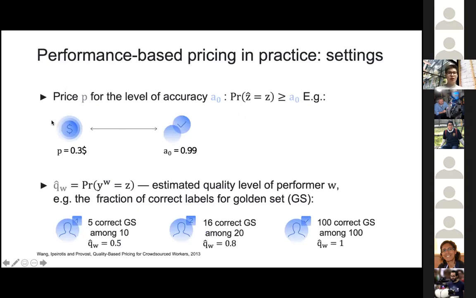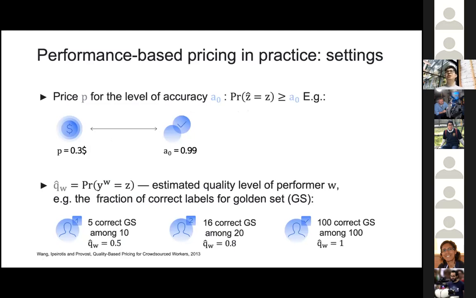Suppose you have the price defined for the high level accuracy. So you need to define some A0 parameter, which is the high accuracy at which you pay the full money. And you need to think about estimating the quality of the performers.